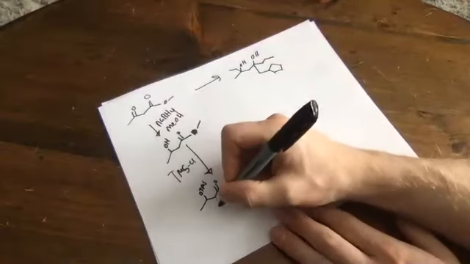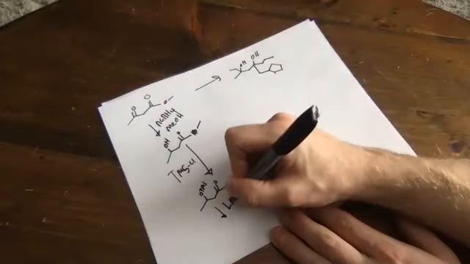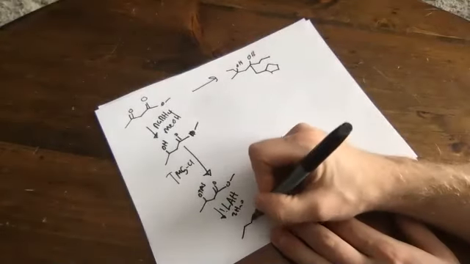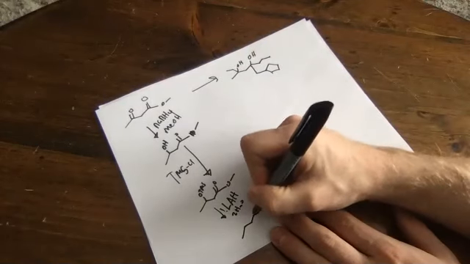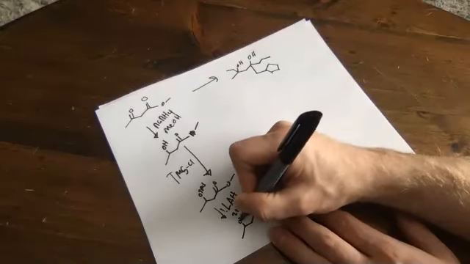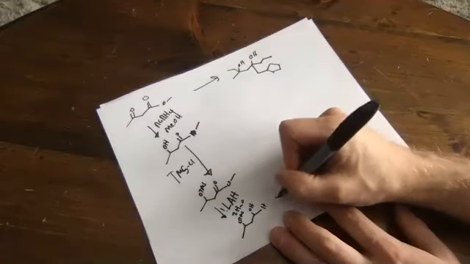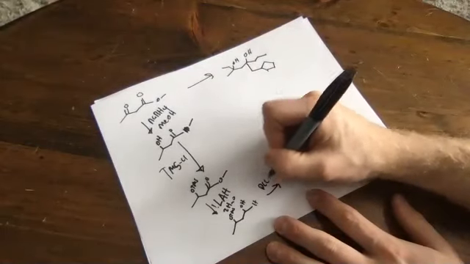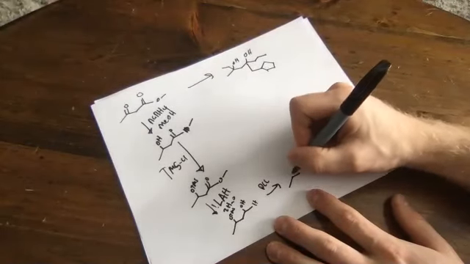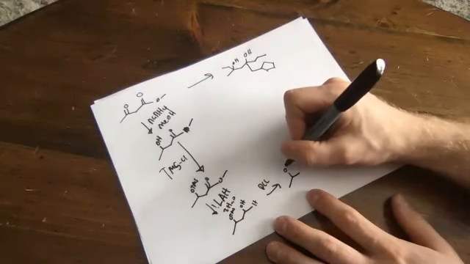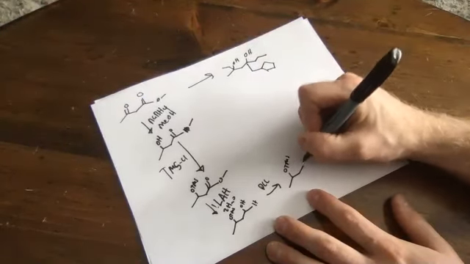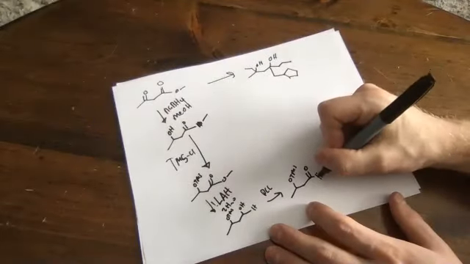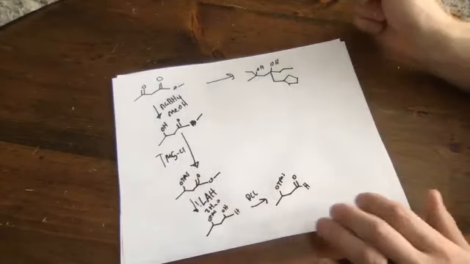So if I throw in LAH from this point, adding in PCC lets us do these Grignards individually.